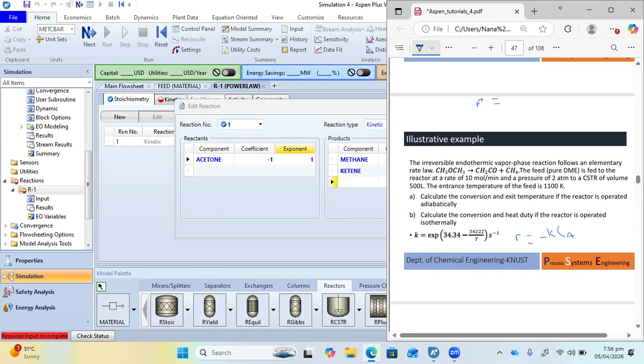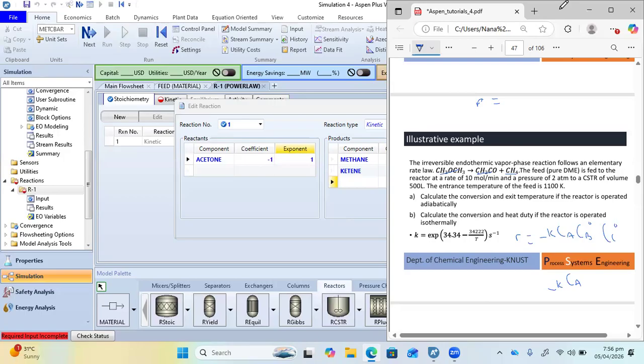So let's say this was A, this was B, this was C. It will be minus KCA. We could have said that this was CB to the power 0 and CC to the power 0. I hope you agree, because for the products, we won't have any power for them, right? So we can make it 0 so that it ends up becoming 1. So we'll have minus KCA. Is that okay?